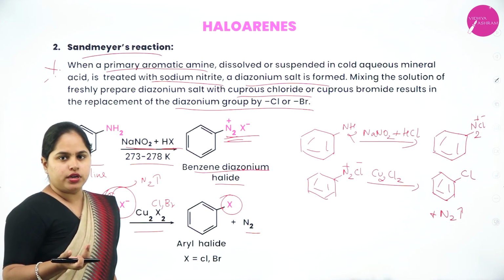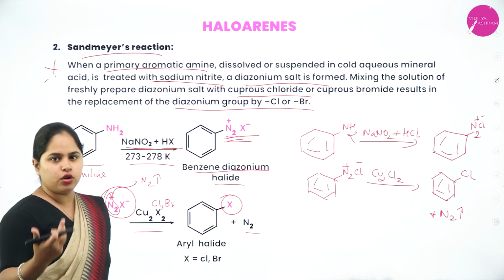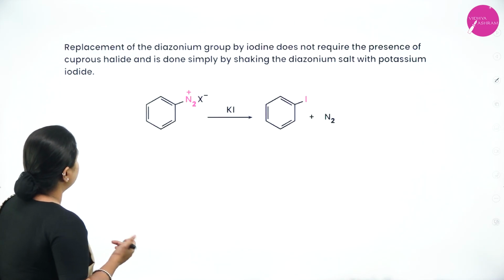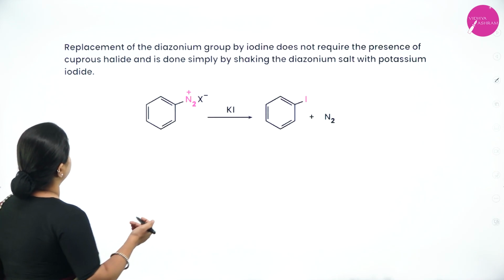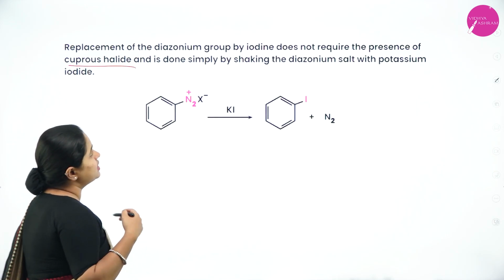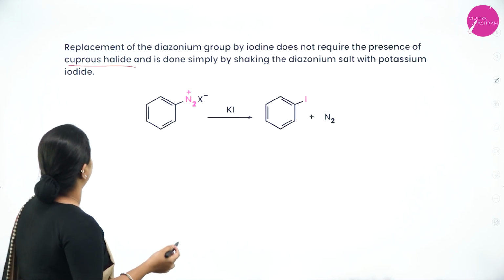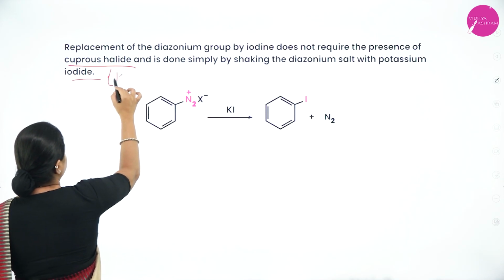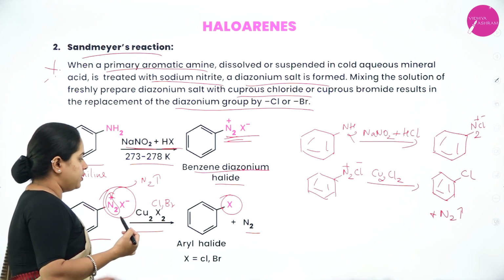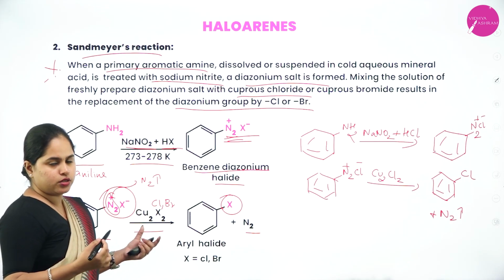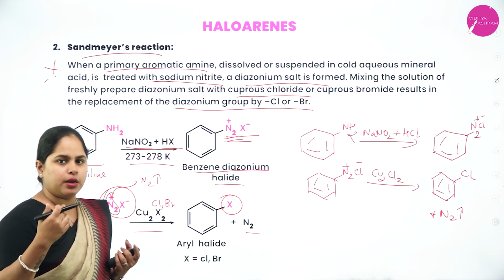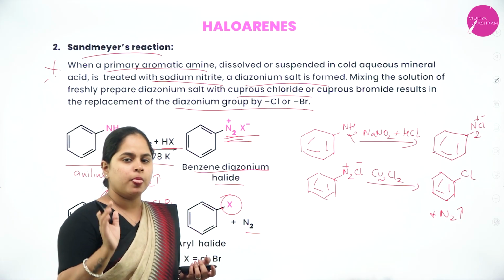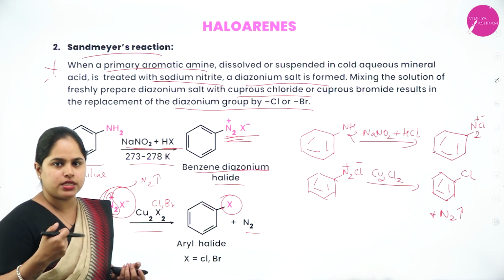So this is an important reaction where you can get chlorobenzene or bromobenzene, right? Now the replacement of the diazonium group by iodine does not require the presence of cuprous halide, and it is done simply by shaking the diazonium salt with potassium iodide. Once we get the benzene diazonium halide, we add cuprous chloride or cuprous bromide, and according to that you get chlorobenzene or bromobenzene.